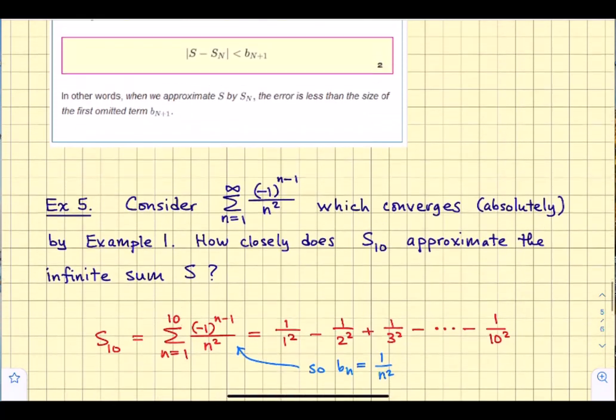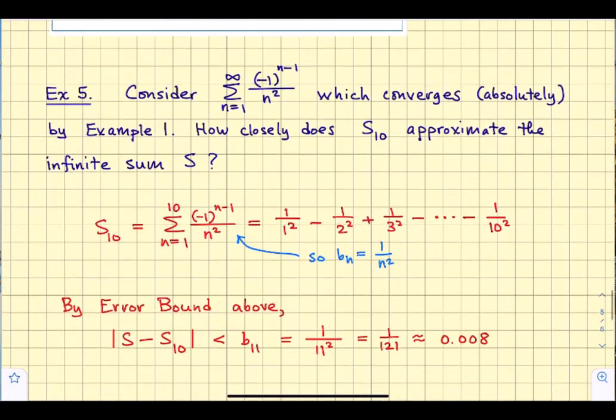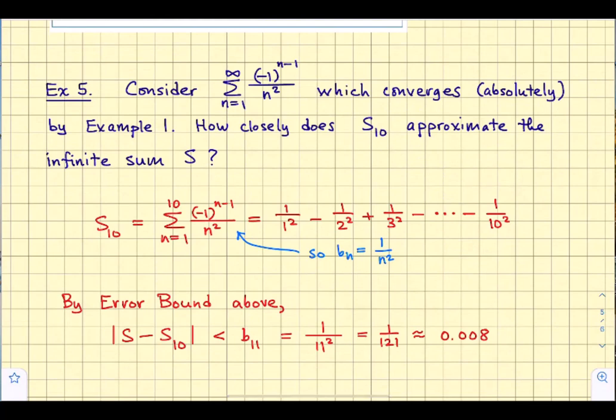And so using the error bound, the absolute value of the difference between s and s10 is less than or equal to b11. b11 in this case would be 1 over 11 squared, which is 1 over 121, which is approximately 0.008. And so that tells us that if we just take the first 10 terms in the series and sum those up, that will be within 0.008 of the true sum.